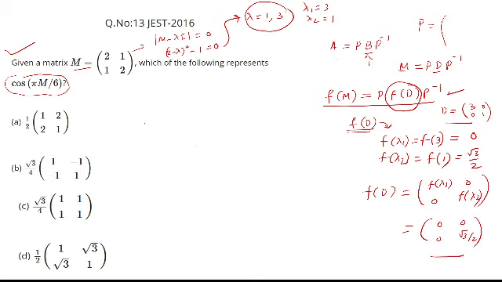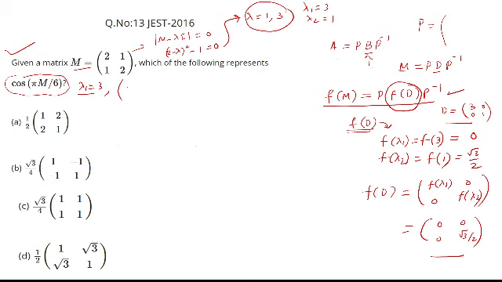Okay, now let's find the P. To find P we first have to find the eigenvectors of M corresponding to these two eigenvalues. Corresponding to lambda 1 equals 3, we subtract lambda from the diagonal elements 2 and 2.